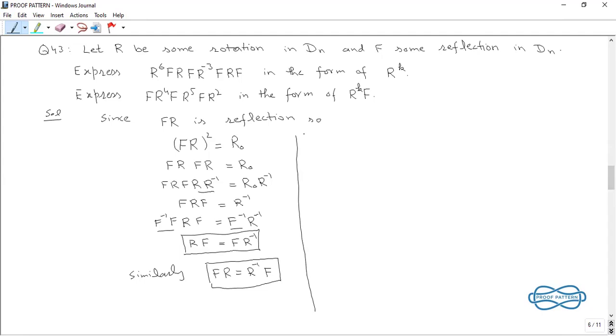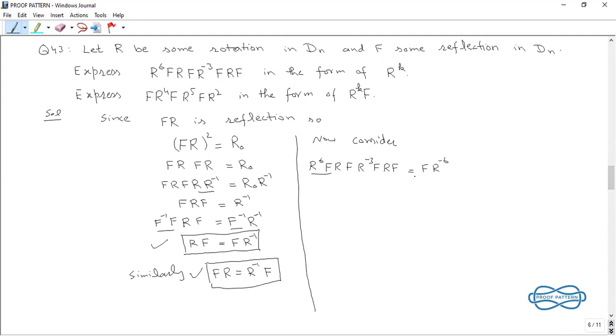Now we consider R^6 FR FR^-3 FRF. We will use these two results in proving this, okay, that can be written as FR^-6.